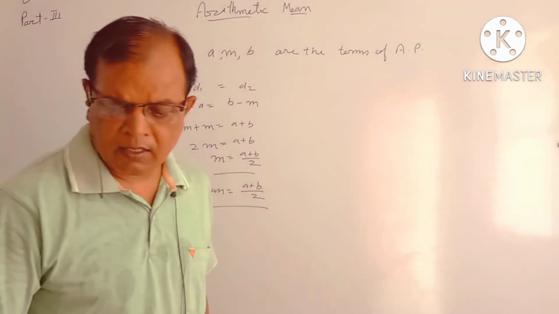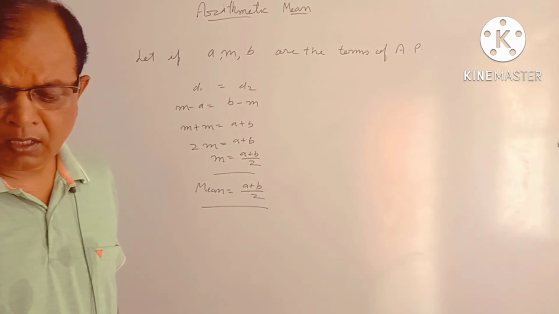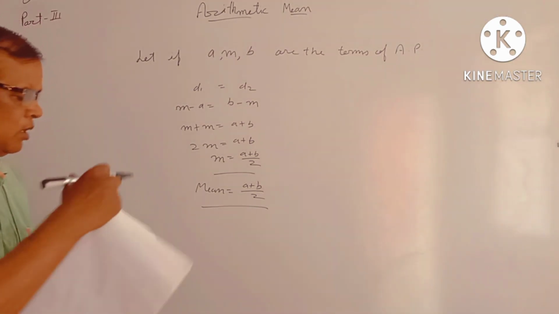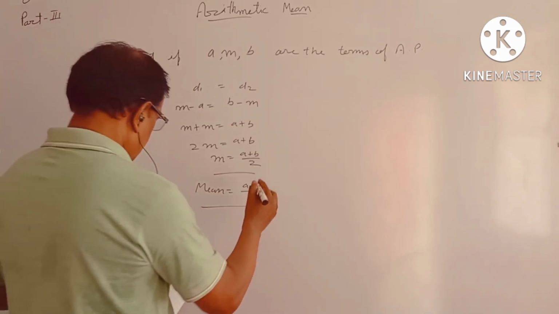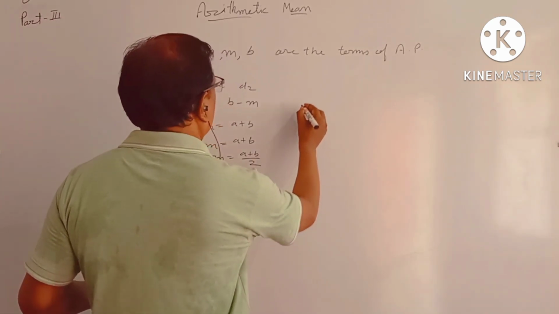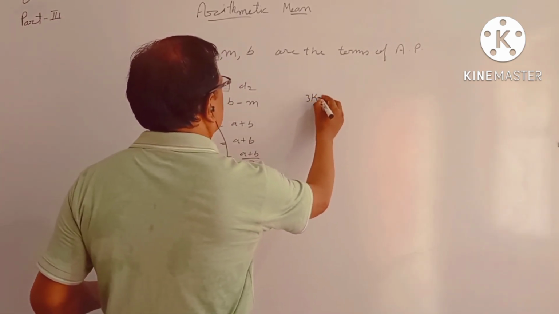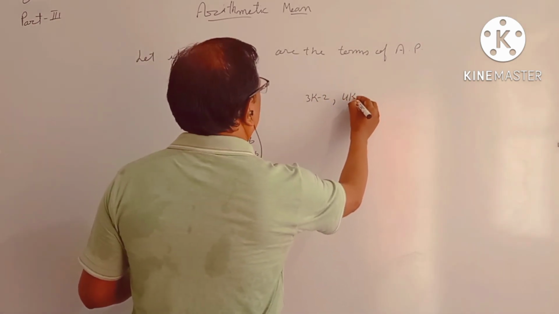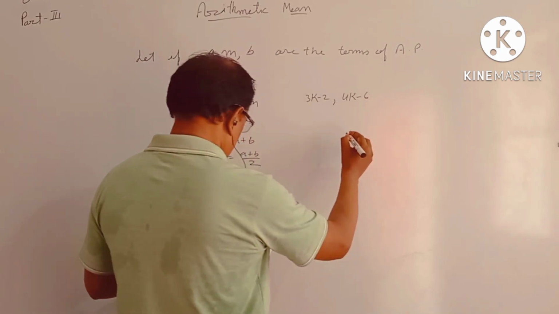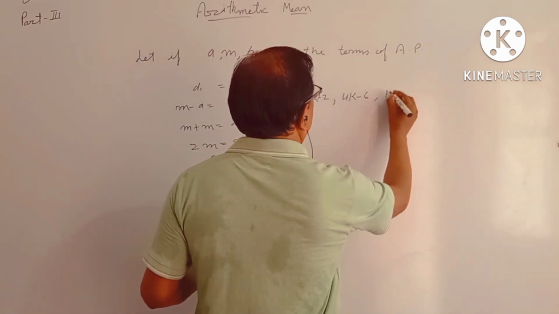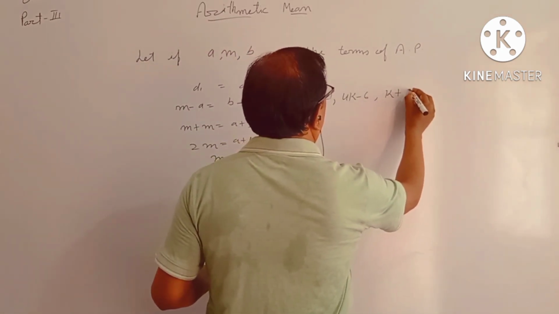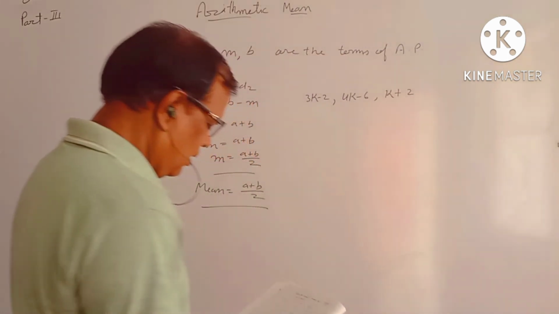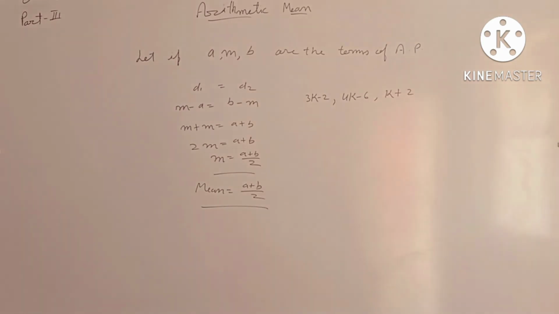Here the question is given with three terms: 3k minus 2, 4k minus 6, and k plus 2 are in AP. Then find the value of k.